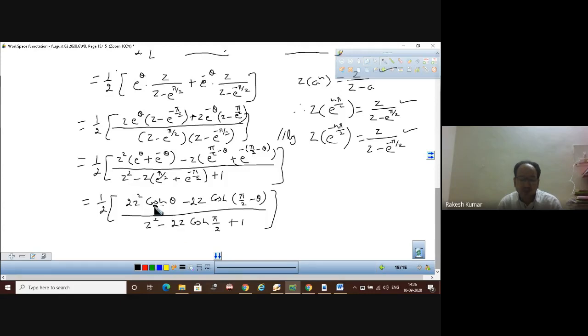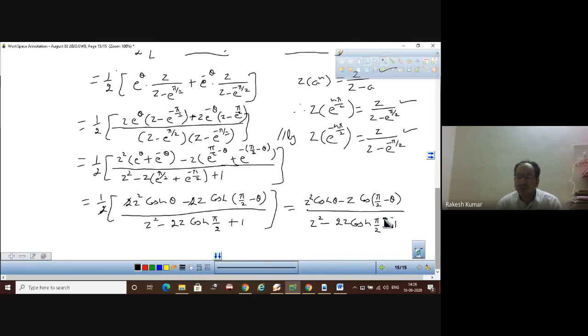So in the numerator, 2 can be taken common, this 2 and this 2, and that will be cancelled with this one. So you can cancel and write down the remaining terms. That is z square cos hyperbolic theta minus z cos hyperbolic (pi by 2 minus theta), divided by z square minus 2z cos hyperbolic pi by 2 plus 1.